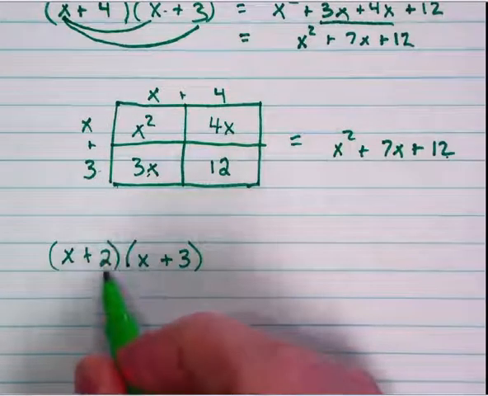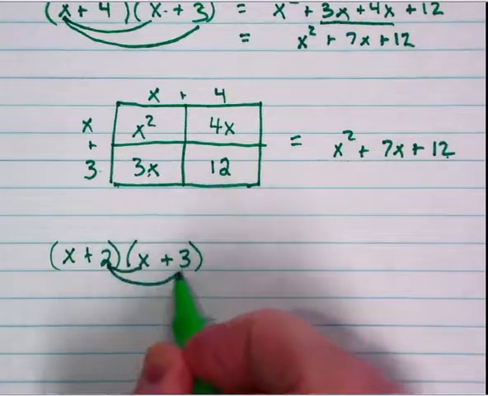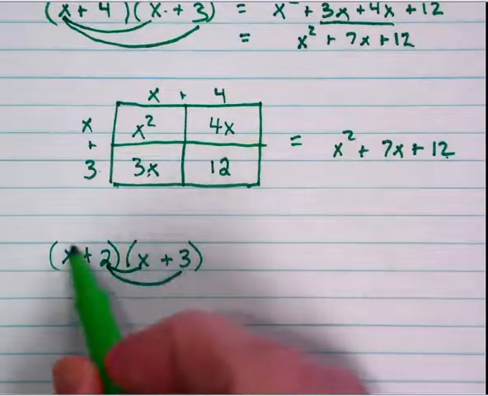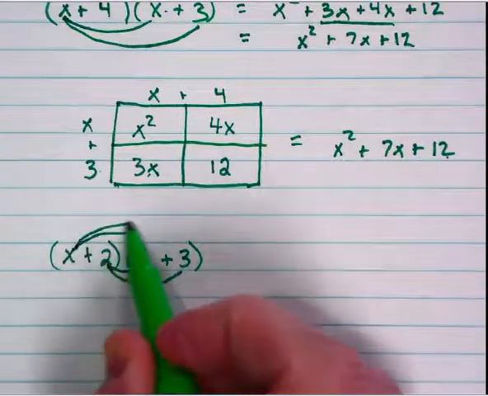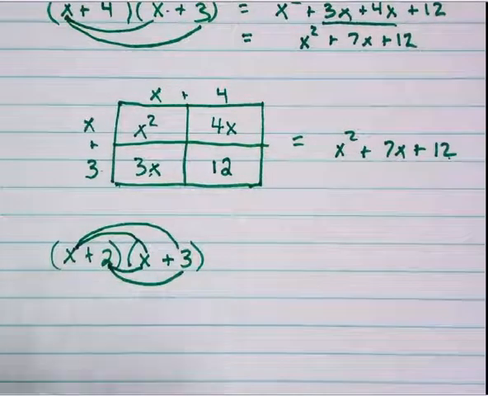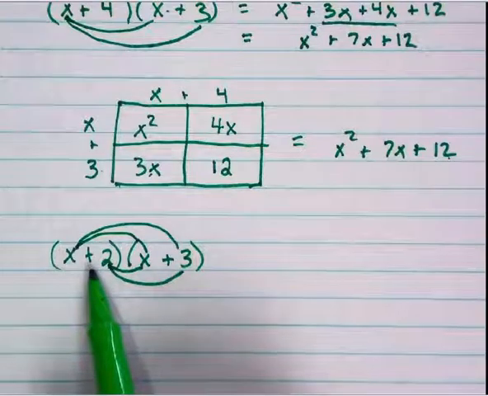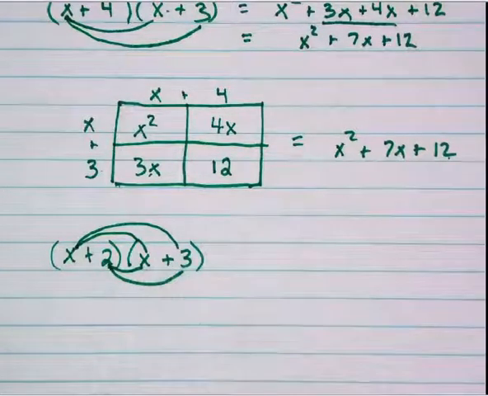In the past, I would have multiplied 2 times x and 2 times 3. Now I'm also going to multiply x times x and x times 3. Both terms in this quantity are getting multiplied into both terms in this quantity.